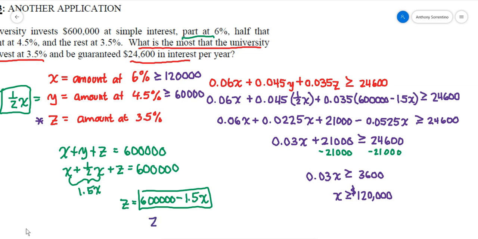I get that Z is going to be 600,000 minus 1.5 times 120,000.